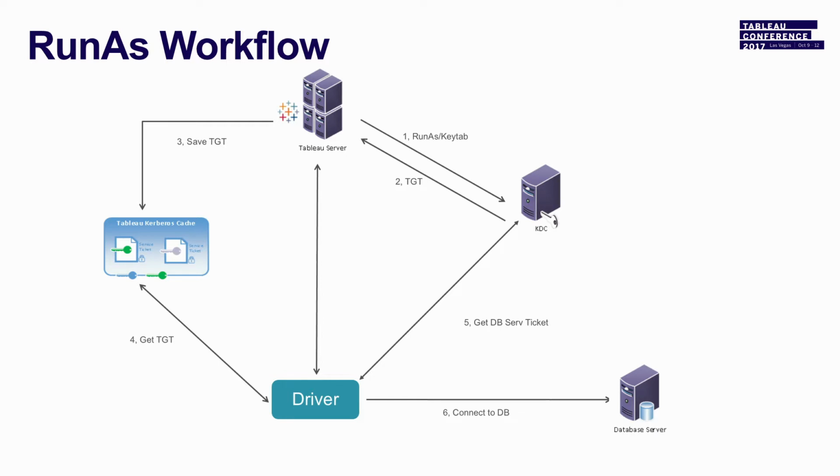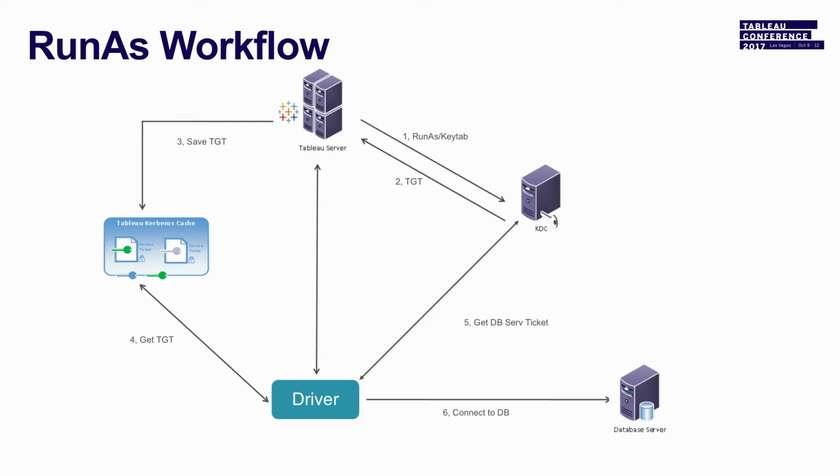When the need arises to connect to your data source, it will take the TGT from the cache, give it to the driver, and request a connection. If everything goes fine, the driver will take the TGT and revalidate it against the KDC. The KDC will say, OK, this ticket is valid, and you can go ahead and establish your connection. And then a flow of connection is established between Tableau Server, the driver, and the database server.